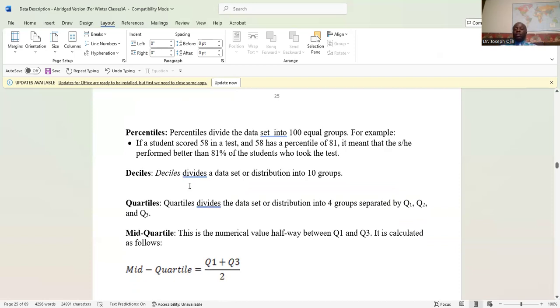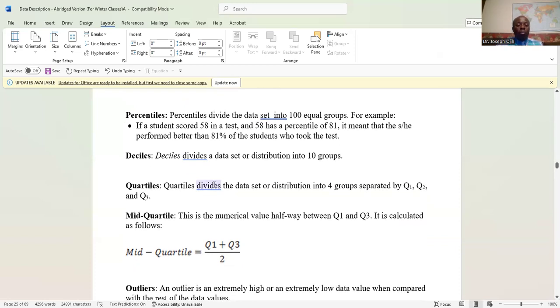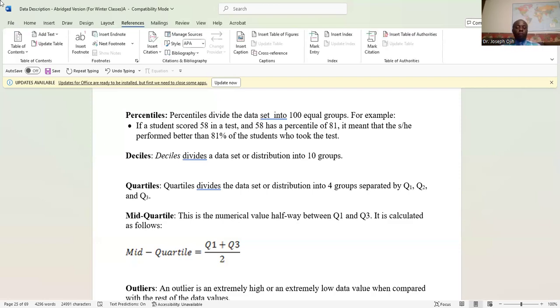Deciles divide the data set into 10. This is the one we're not really focusing on, because a decile is the same as a 10th percentile, so we'll be looking more at percentiles. Percentiles divide the data set into 100 equal parts. We're working on this one, and this one we call quartiles. We divide the data set into four groups that are separated by Q1, Q2, and Q3.